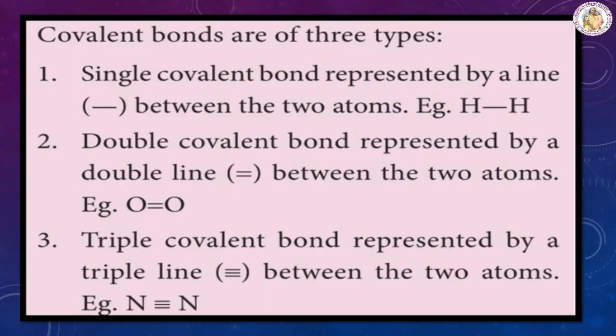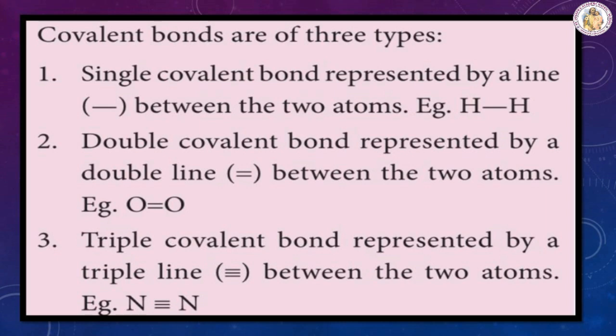Covalent bonds are of three types: single bond, double bond, and triple covalent bond. A single covalent bond is represented by a single line between the two atoms, for example the hydrogen molecule. Between the two hydrogen atoms there is a single covalent bond, represented by a single line. A double covalent bond is represented by a double line between the two atoms, for example the oxygen molecule O2.